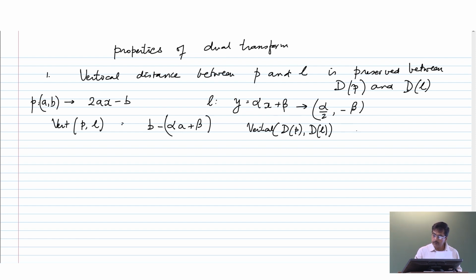So, it will be minus beta minus alpha a minus b, that equals b minus alpha a minus beta, so it is the same.